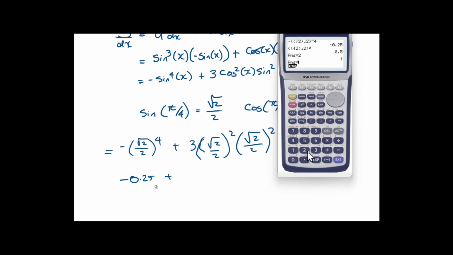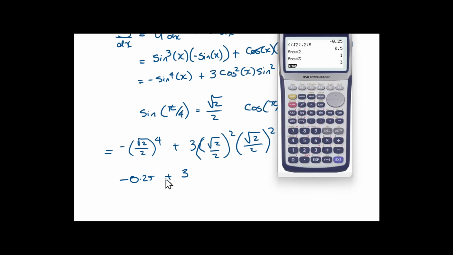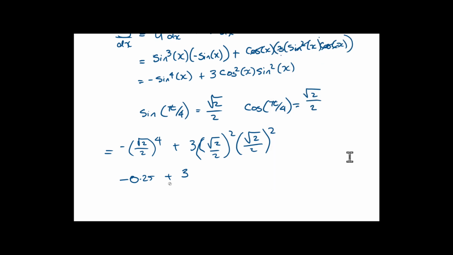Then we're going to multiply that by 3. So that's going to give us 3. And we take 0.25 off. 2.75. Thought that I'd made a mistake. We're not going to double it, we're going to multiply them together.